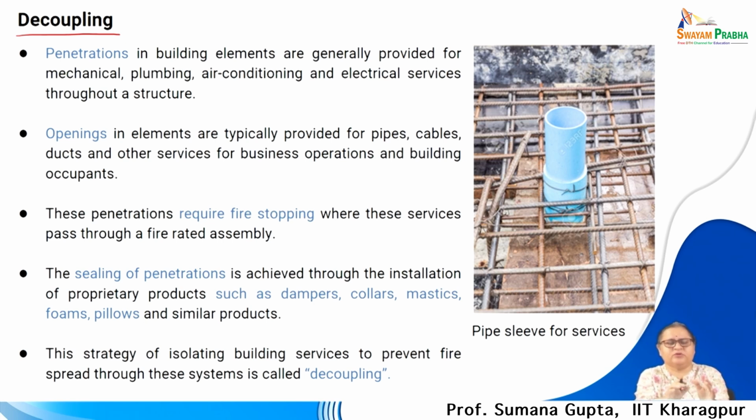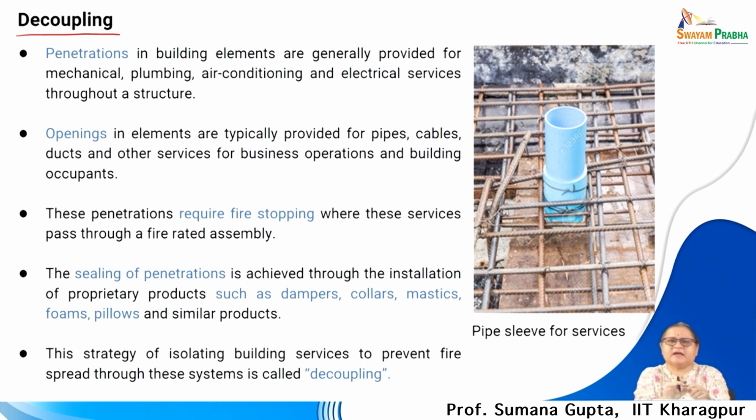As I have told you, there are various services moving through our building. Without services, a building does not work. Every morning you switch on the light, then only the light works. You open the tap, the water comes. These are all services. You switch on the AC, your building gets ventilated, it gets air conditioned.